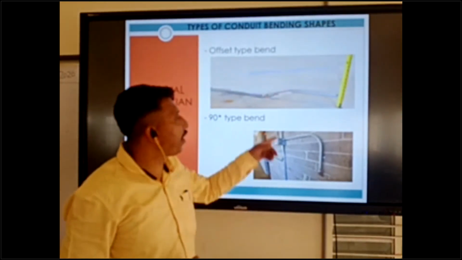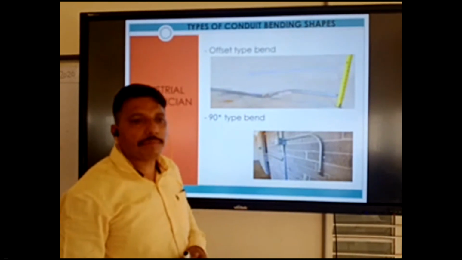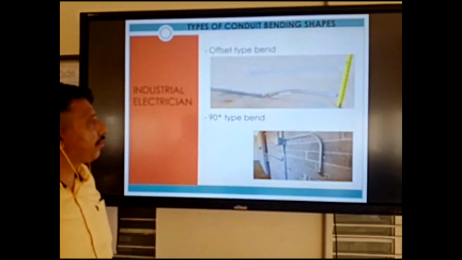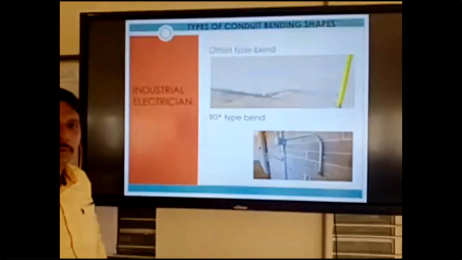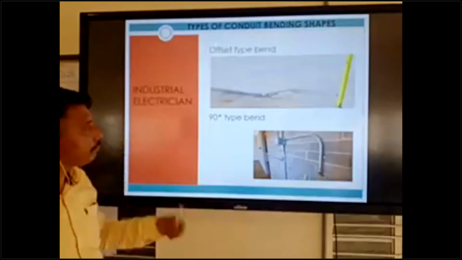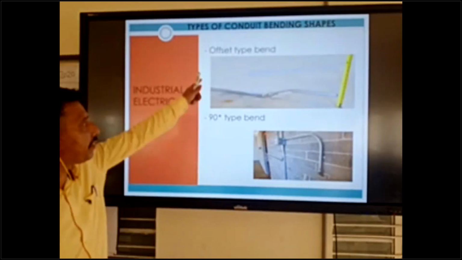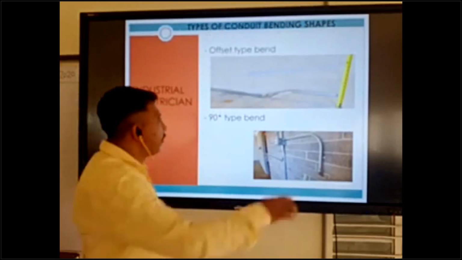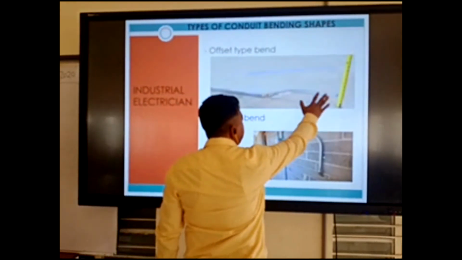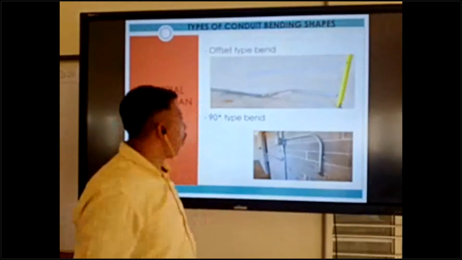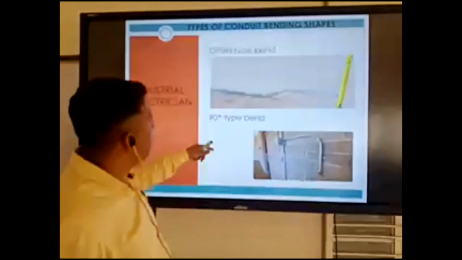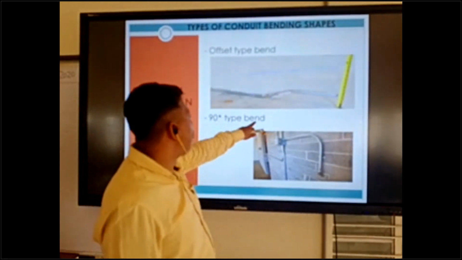It is the same as the cable tray formula; you can use it when making an offset. The offset cable tray formula is there, and you can use it the same way. Okay, so this is the offset type bend. Some objects you can cross inside this one, and we use offset type bends for that. And the next one is 90-degree type bends.